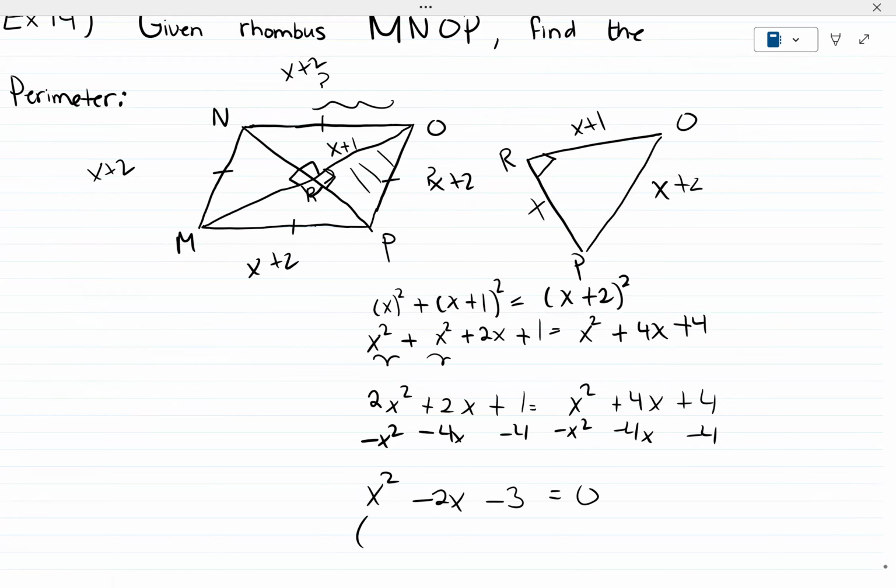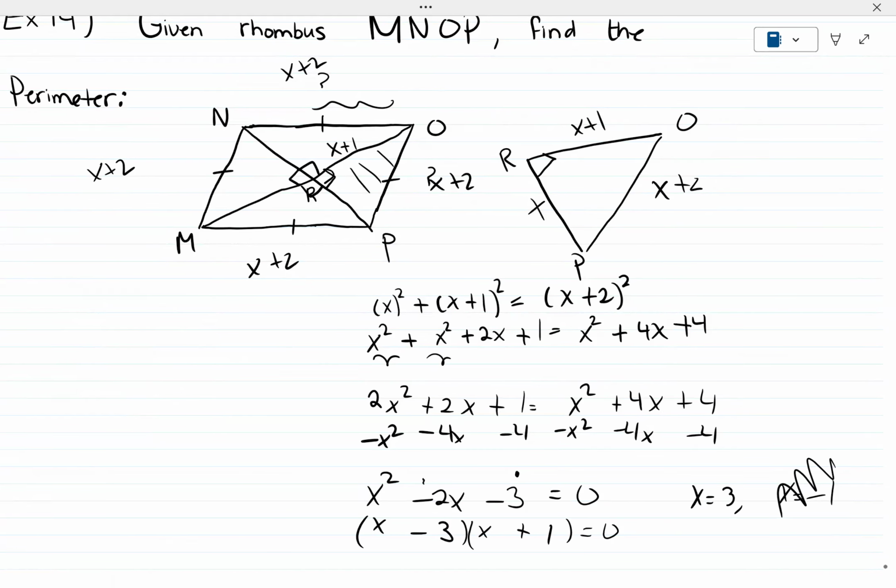And I'll factor this. It's going to be x... well, two numbers that multiply to negative 3 and add to negative 2: 3 and 1. I'll do negative 3 and positive 1. When you actually solve for x, you get positive 3 and negative 1. I think you could exclude negative 1 because you can't have a negative length.